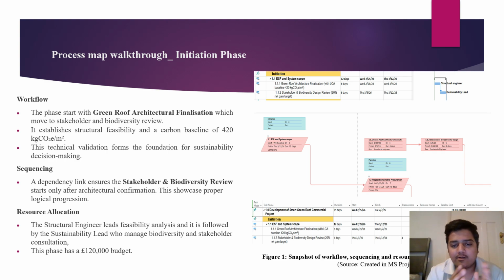Only after the charter is complete does the stakeholder and budget review begin, managed by the sustainability lead. This ensures the square meter area and the technology scope are confirmed before the sustainability compliance and finance approvals, helping to reduce risk in the project at an early stage.